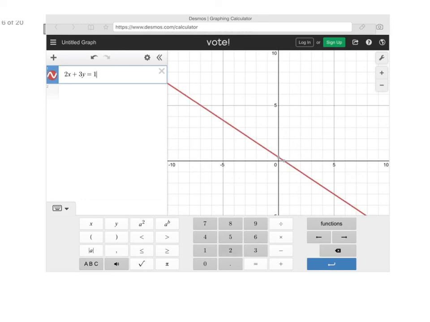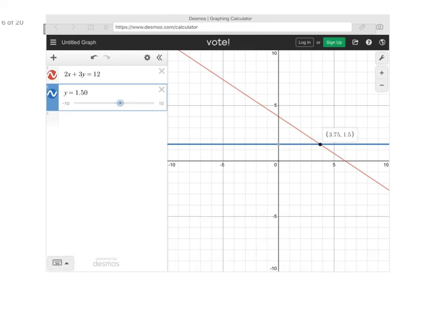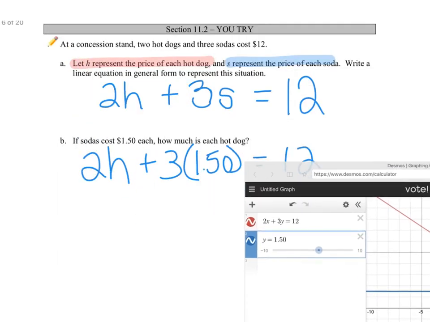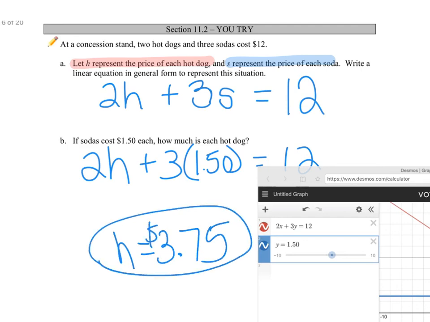And then I can type in the fact that I know sodas, which are my y's, equal $1.50. Now, if I do that, and I find the point of intersection, 3.75, 1.5, which means the x, or the h for this, has to be 3.75. So hot dogs are $3.75 each if sodas are $1.50 each.